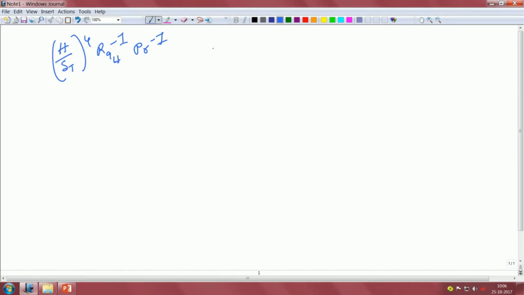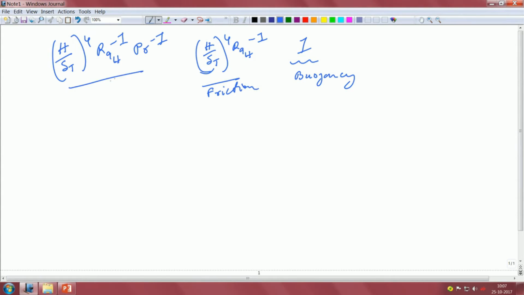Then there was the friction term, and of course, this is buoyancy. So, this was our buoyancy term, right. This was the friction or the viscous term, and this was the inertia, right.